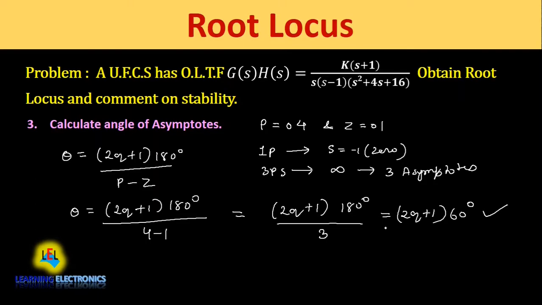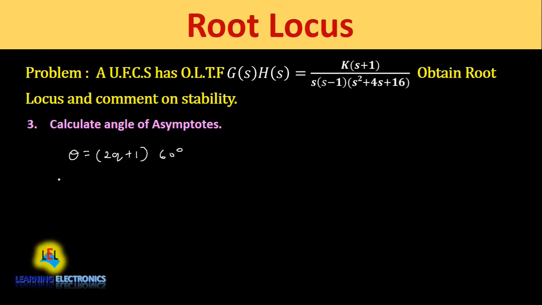Now we have to find out the range of values of q. So q will go from 0 up to p minus z minus 1. When we put the values of p and z here, we get 4 minus 1 minus 1, which is equal to 2. That means q will take three values: 0, 1 and 2. Now we will put these values of q in this equation of theta and find out the three angles of asymptotes.